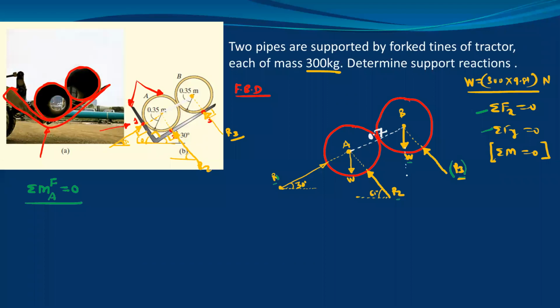This dotted line is the line of action. We need to take the moment by W about point A, so we must have the perpendicular distance. From point A, just draw one perpendicular. This distance is the perpendicular distance. This distance is not given directly, so just consider that triangle.